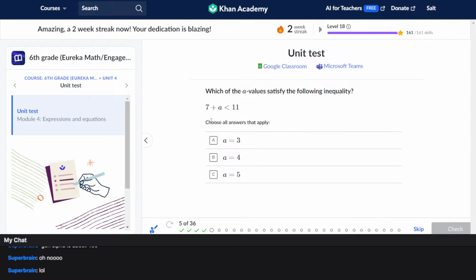Wait, what? Which are the A values? What was I doing? I was solving an algebra equation or something.